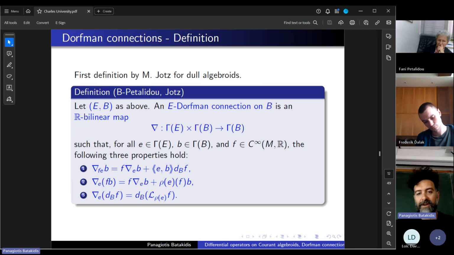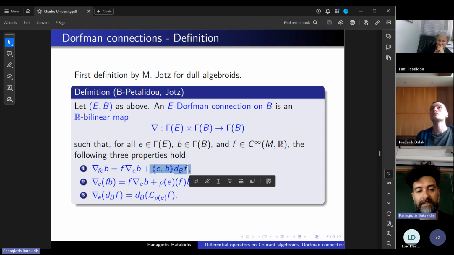So what is a Dorfman connection? E has to be a Courant algebroid, B a pre-dual of E, and then you have this nabla, which, as you see in the three conditions that I'm asking from it, is not linear. The second condition is the usual one for connections, but it's not linear on the first entry. And you know exactly how it's not linear.